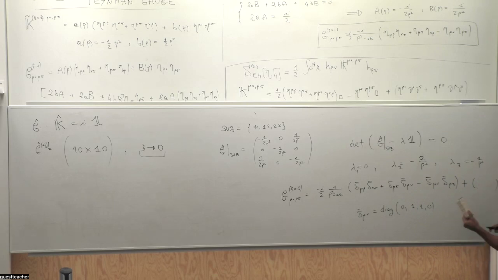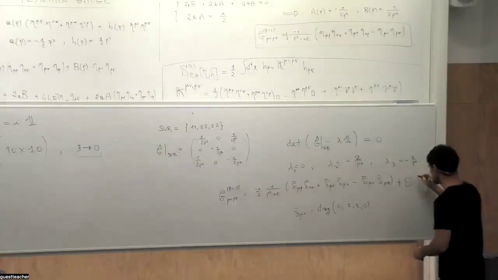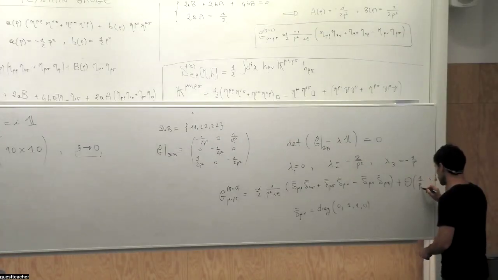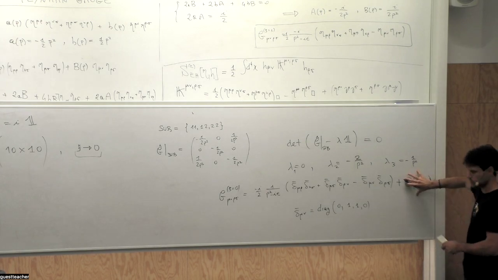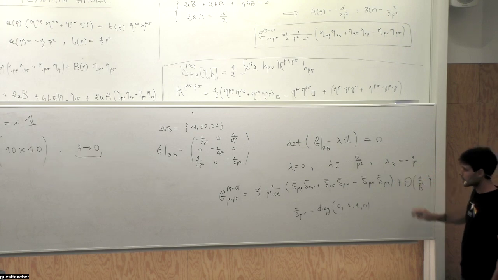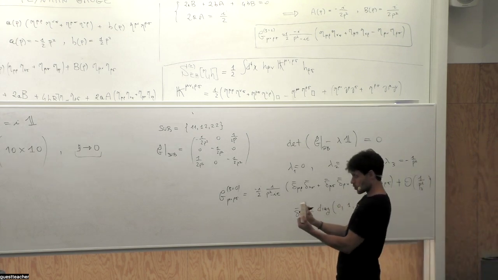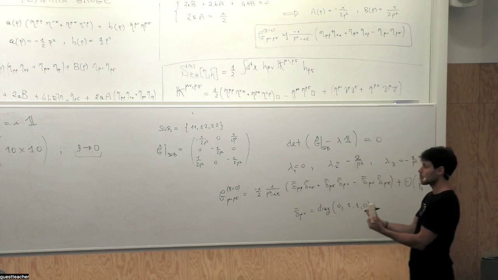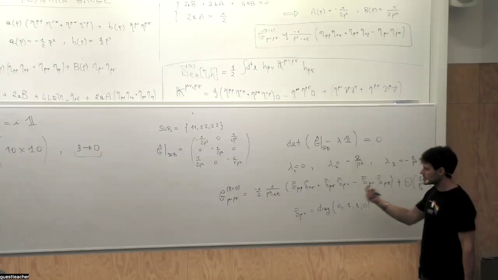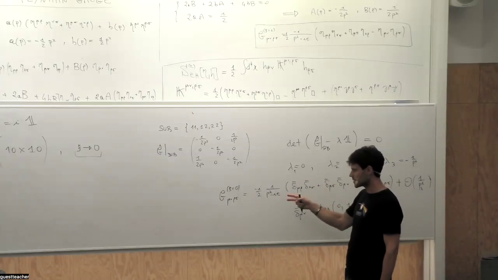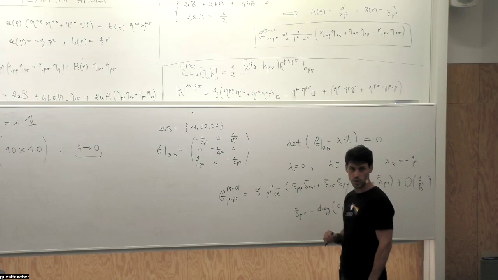Well, these are only terms proportional to 1 over p square, so this part that is not written here, that I'm not writing anymore, does not contain any pole at p square. So basically, in this non-covariant gauge, it's nice because you can really get the propagator in this very explicit form, which is of course non-covariant, but it's telling you that you just have 2 independent components that carry 1 over p square pole.